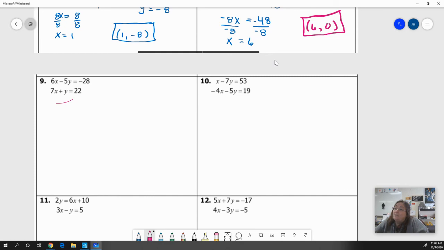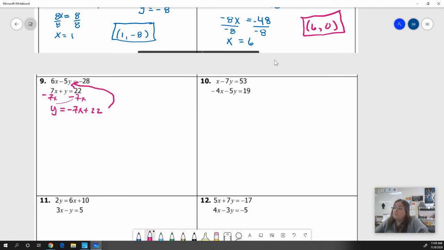I'm going to look at this. I'm going to solve this equation for y because the only thing I have to do is subtract 7x from both sides, and I'm left with y equals minus 7x plus 22. And that one's already solved for y.